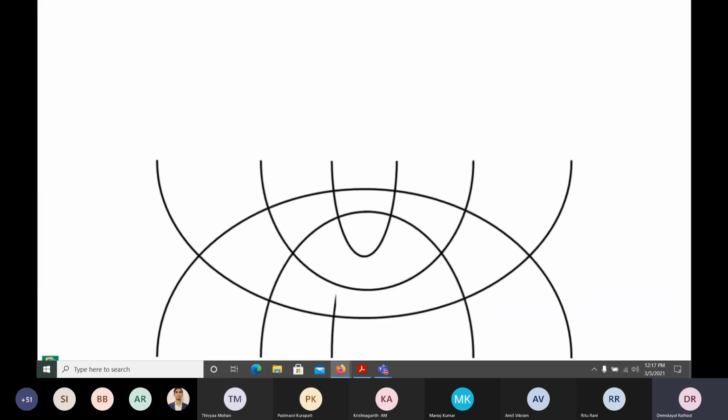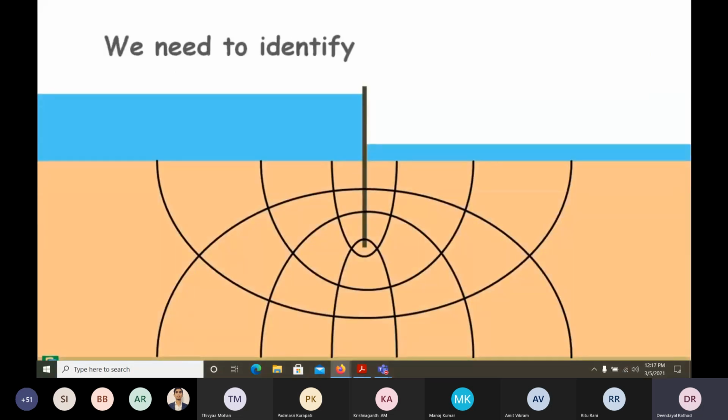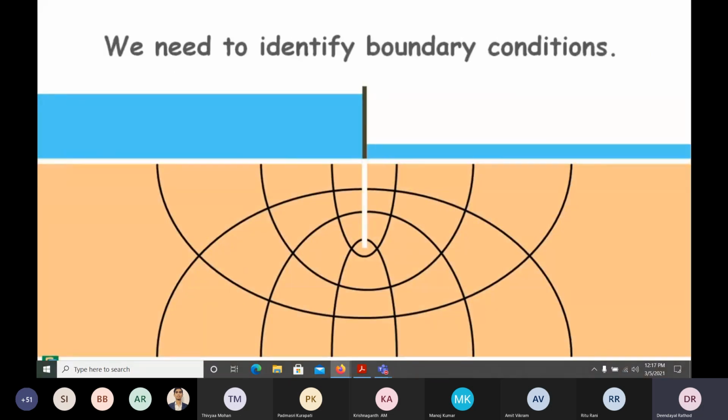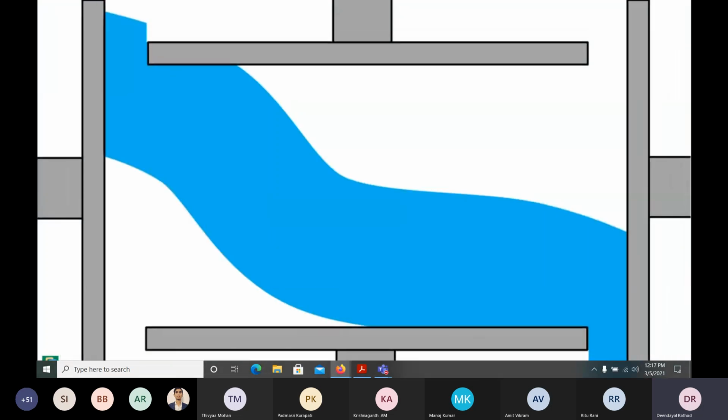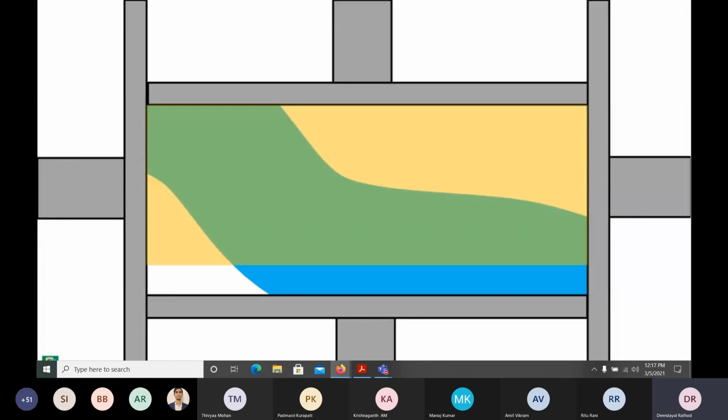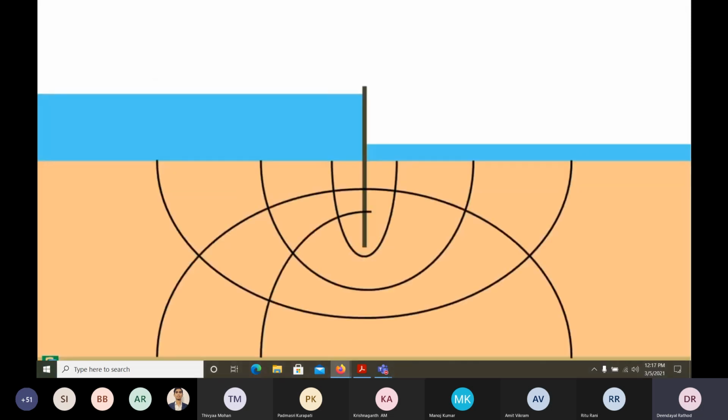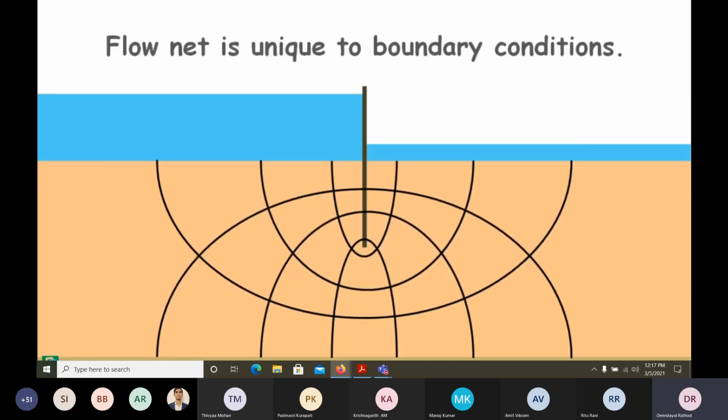To construct a flow net, we also need to identify the boundary conditions present for the flow. Boundary conditions are the restrictions that limit the flow in a certain space or area. A flow net is unique for a given set of boundary conditions.